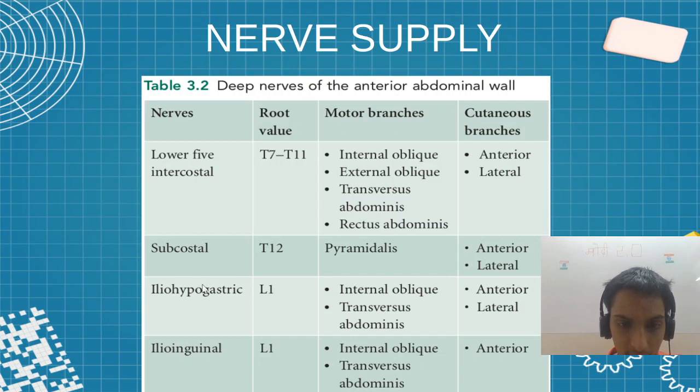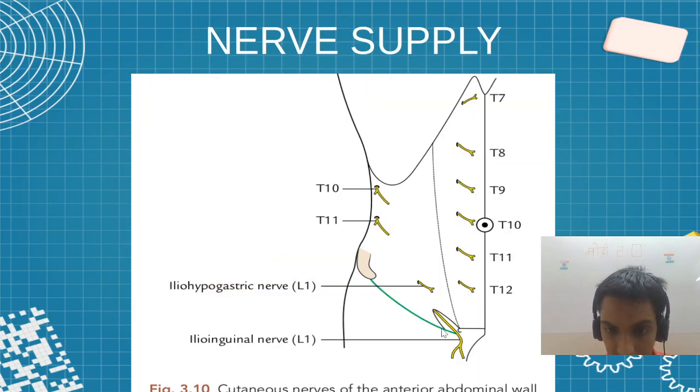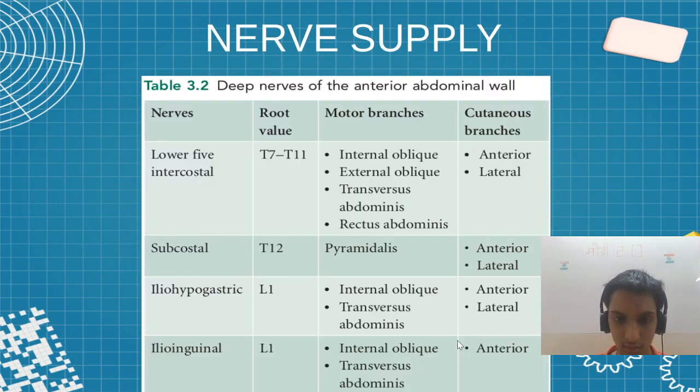Okay. And iliohypogastric and ilioinguinal, I told you both are coming from L1. Okay. See now here, these two. Right. This will supply the same internal oblique and transversus abdominis. Okay. So we'll remember it like this. Please note here that internal oblique and transversus abdominis will be common for all of them except subcostal.